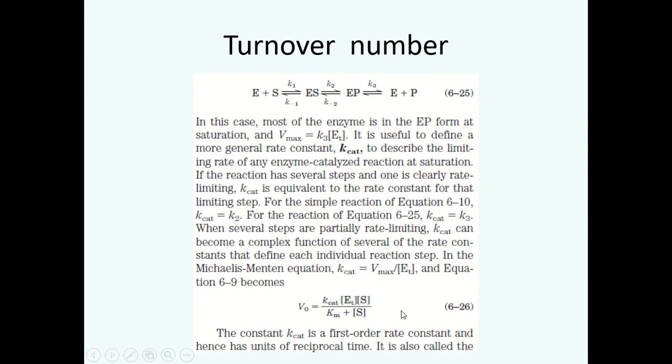In other words, it can also be described as the ratio of the maximum rate of reaction at which the enzyme is catalyzing the reaction to the amount of the enzyme present in the given reaction mixture. So the turnover number gives the value of how much substrate is converted into product by a given amount of the enzyme in a given duration of time. That is called the turnover number.